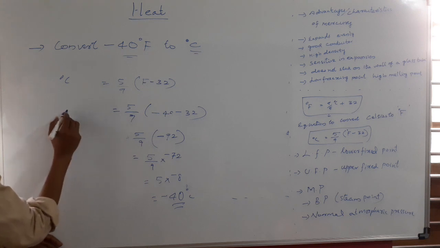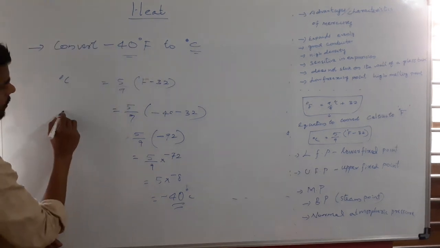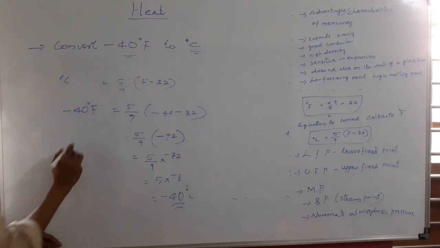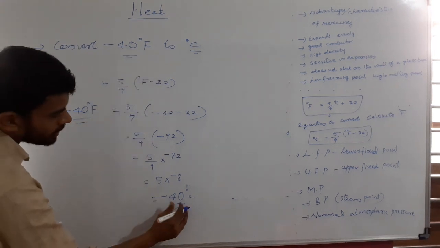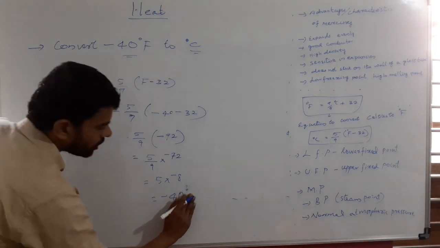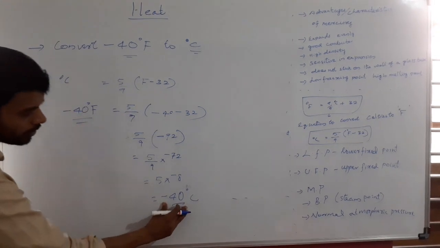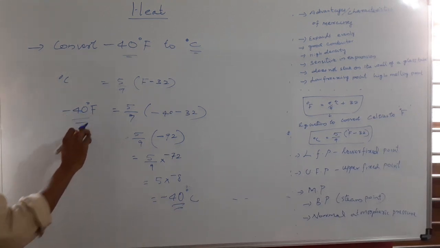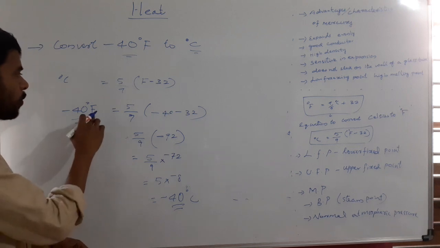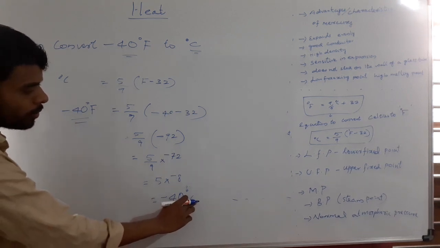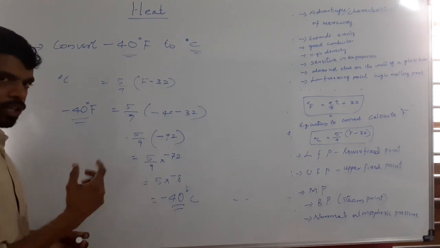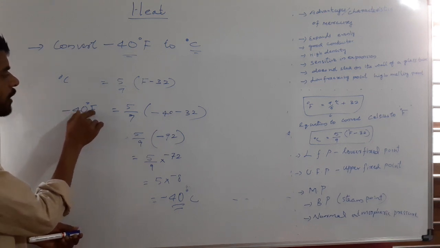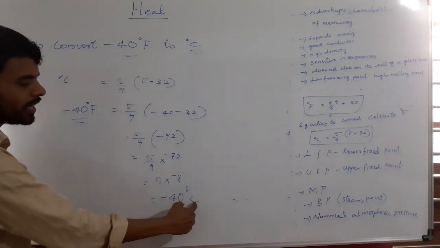So from here onwards we can write: minus 40 degree Fahrenheit is equivalent to minus 40 degree Celsius. So this particular numerical, minus 40, is the same here also. Whenever we get minus 40 degree, the numerical of Fahrenheit and the numerical of degree Celsius become equal. So minus 40 degree Fahrenheit is the same as minus 40 degree Celsius.